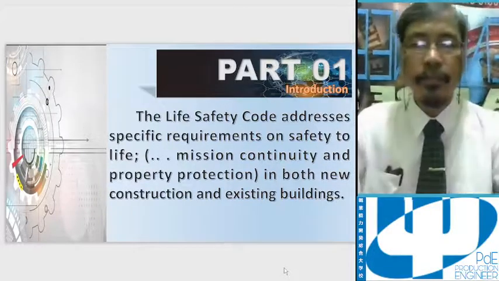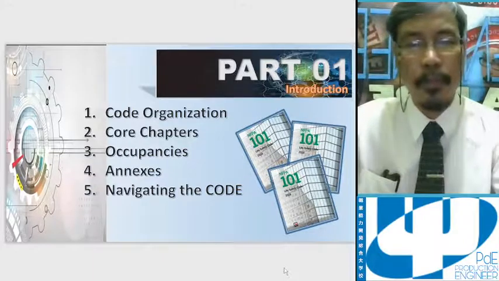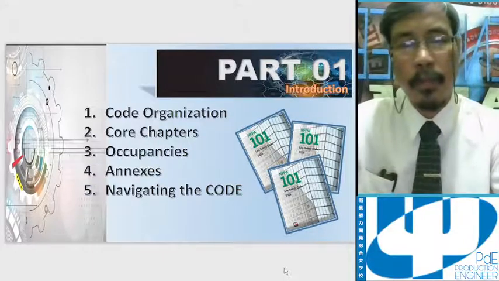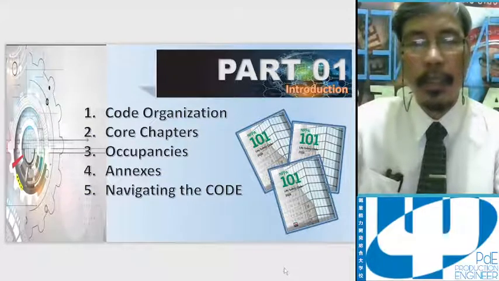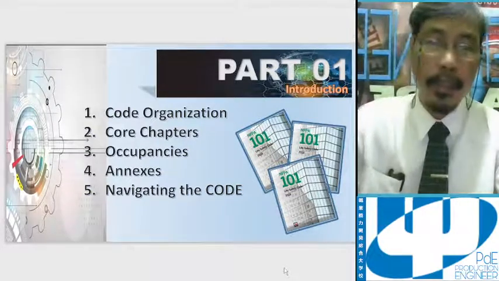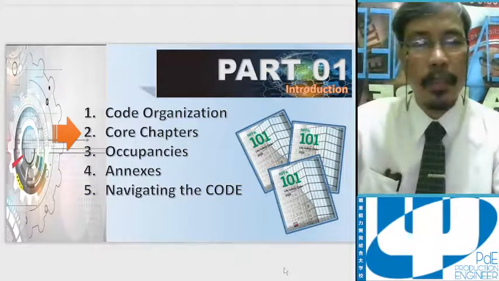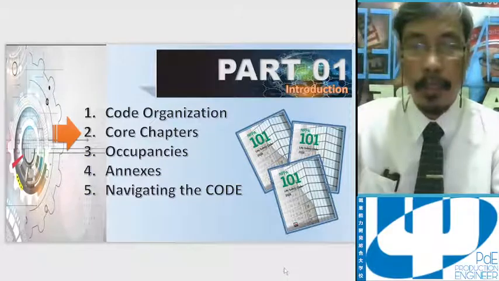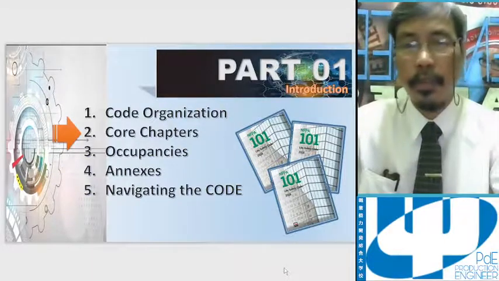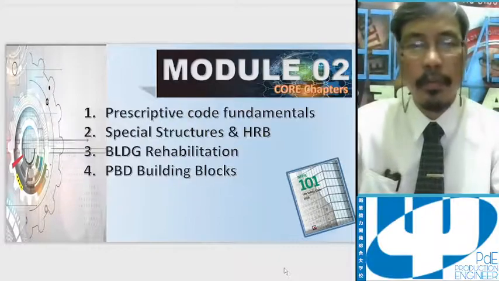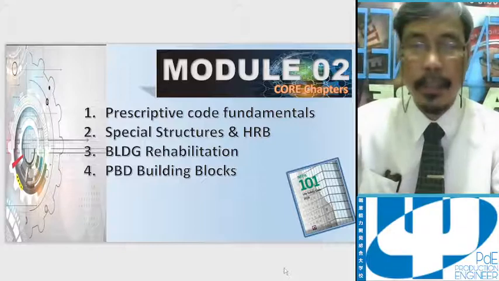Now, this part is composed of 5: code organization, core chapters, occupancies, annexes, and navigating the code. We are currently on the part wherein we say it is module 02, core chapters. What are the core chapters? We have prescriptive code fundamentals.